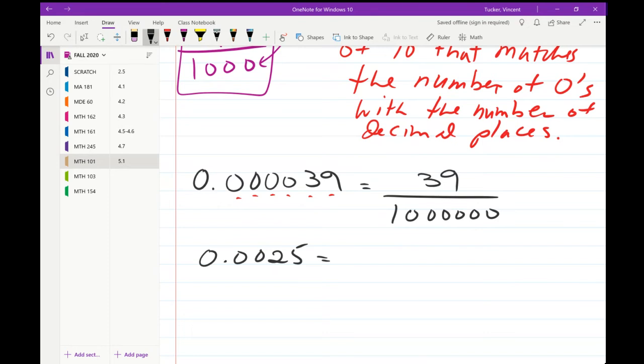All right, next one, 0.0025. So we're going to take that 25 and place it over 1 with 4 zeros.